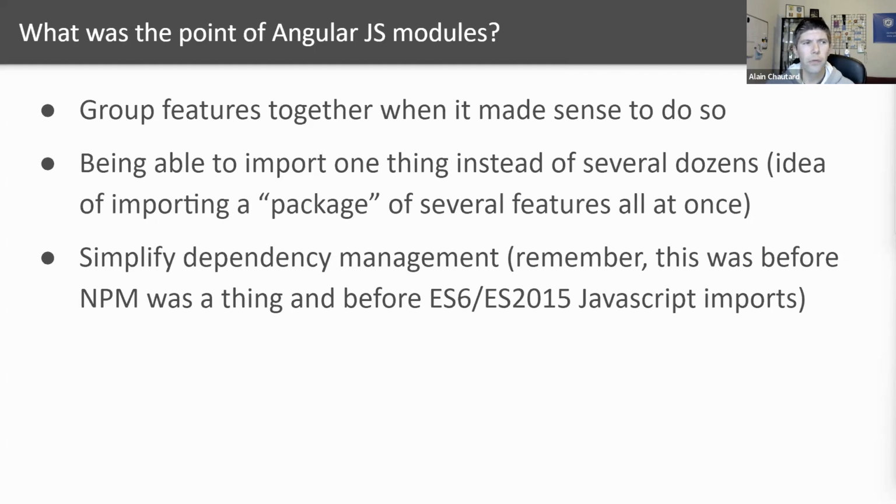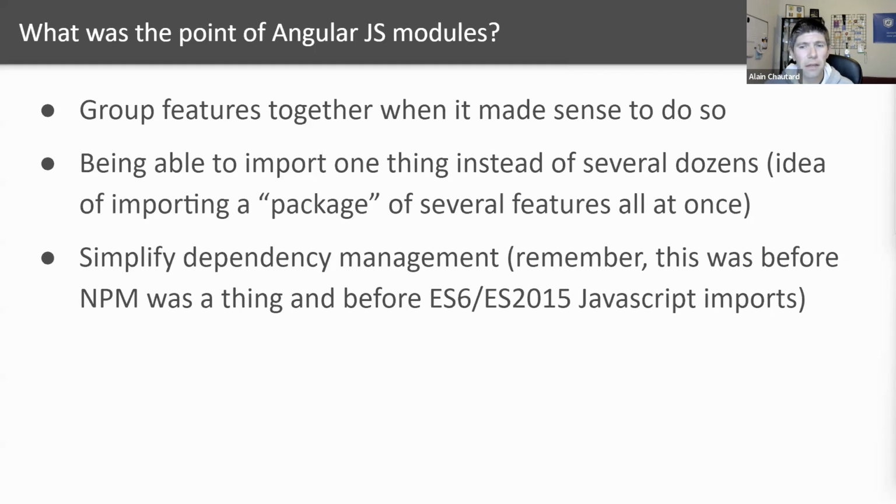So the idea really is we would load a module, be able to import a package really of several features all at once. And that way it was a step in the direction of everything that we have today. So it was really a way to start simplifying dependency management a little bit. And by simplifying, I really mean making it more explicit, right?